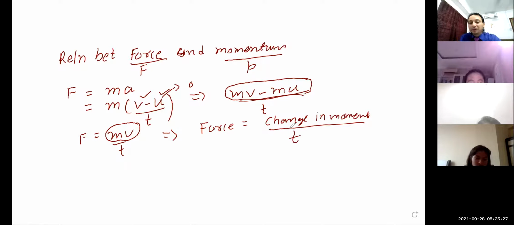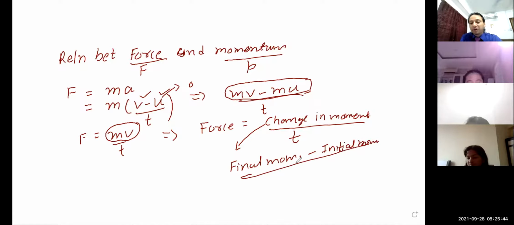Again children, whenever we say the change in momentum, change is represented by final momentum minus initial momentum. Remember children, be careful, initial momentum, you can write it here, divided by time. So final momentum minus initial momentum, divided by t, gives us the value of force.